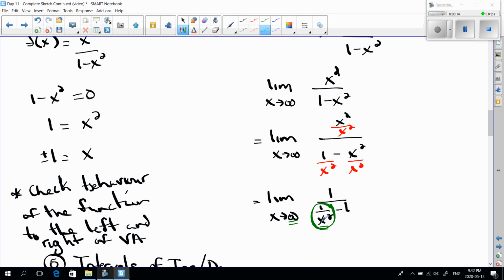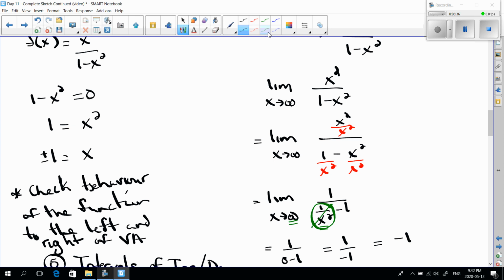Well, 1 divided by a really, really large number squared is actually going to get closer and closer to 0. It's going to go away. So what I'm going to be left with is 1 divided by 0 minus 1, which is 1 over negative 1, which is equal to negative 1.